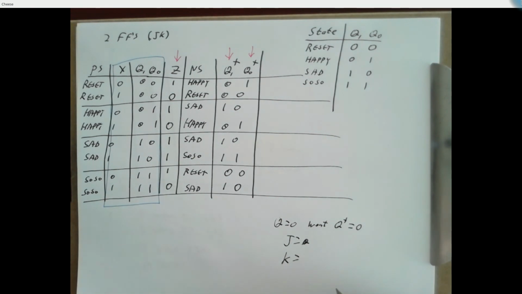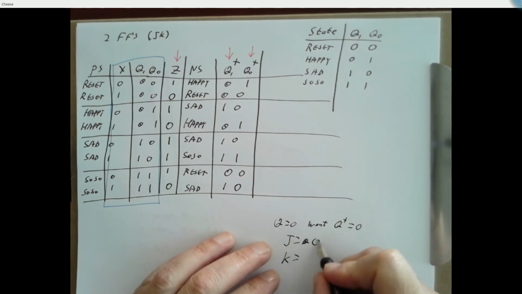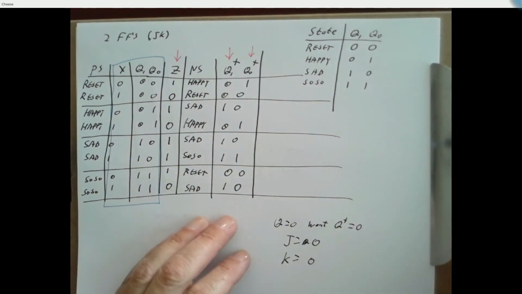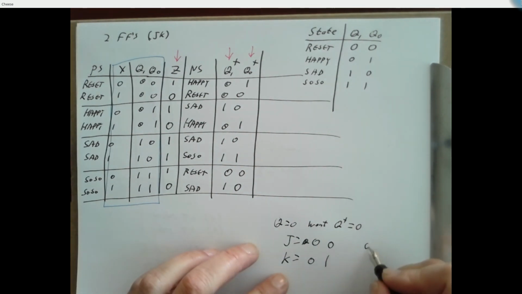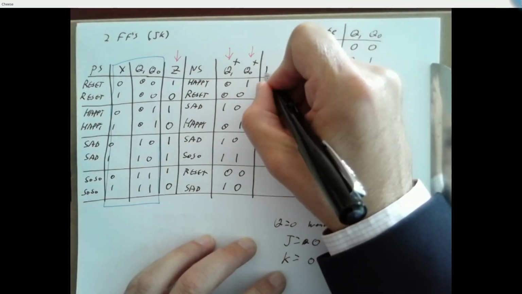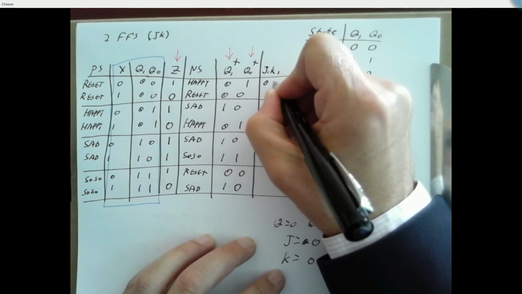So what was your answer? 0, 0. They're both 0. So you can set them both to 0 because that means don't change anything. Or we can say 0, 1, which means set the output to a 0. So 0, don't care. So J1, K1, 0, don't care.